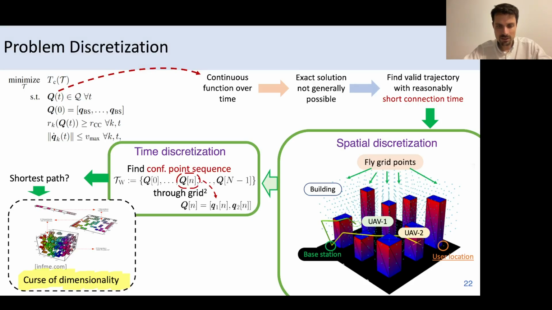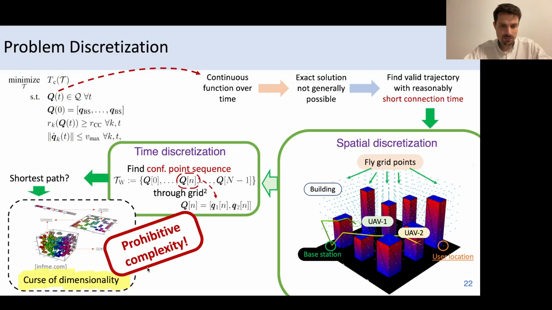There are many adjacent points, and that means that the complexity of shortest path algorithms for this case is prohibitive, right? If it was just one UAV, it would be easy, but with 2 UAVs, the complexity is much higher. It scales exponentially in the number of dimensions.